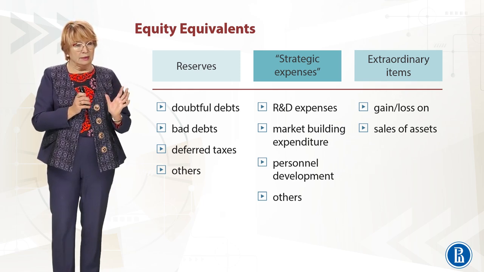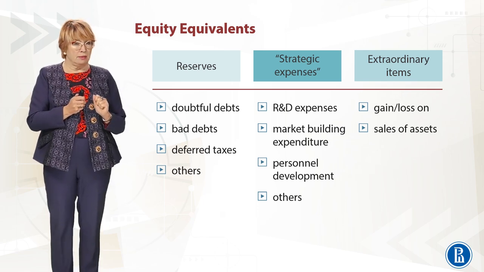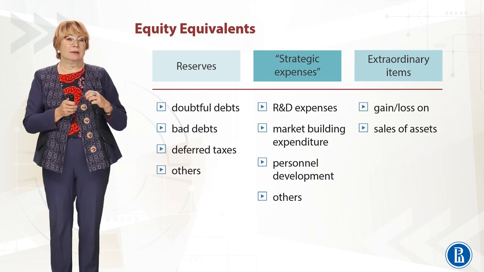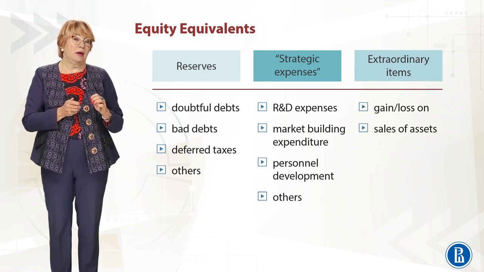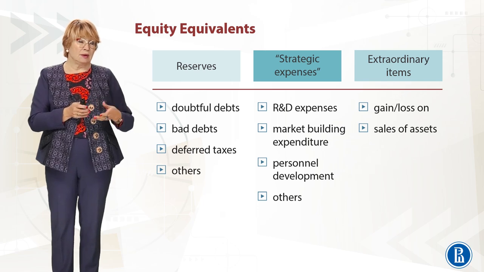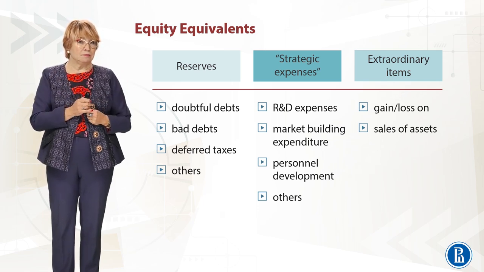That's one particular type of potential equity equivalence. So your profits could be a little bit higher than they happen to be in your financial statements due to this reservation technique and window dressing policy.